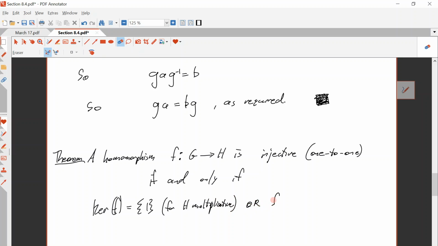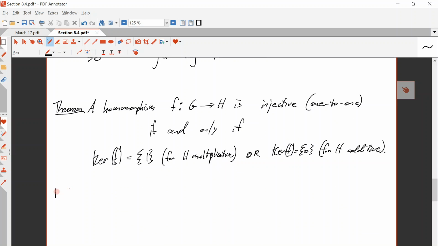Or, you know, kernel of f is just 0 for H additive. Right, so a homomorphism is injective if and only if the kernel has order 1.